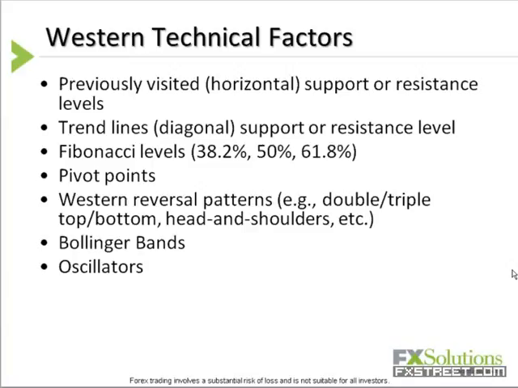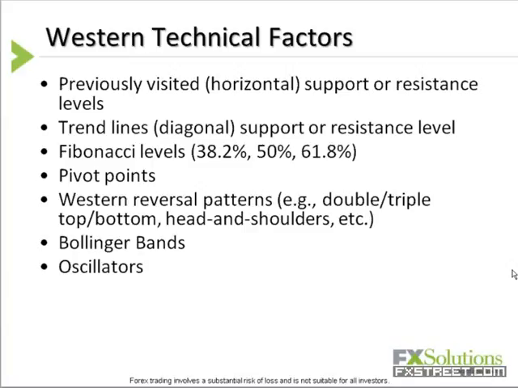If we take a look at, let's say, the 160 level on the pound dollar, that is a very strong support resistance level because of many factors. Because price turned a lot at those levels, because also it's a psychological round number, 160, and it's just a key support and resistance level.